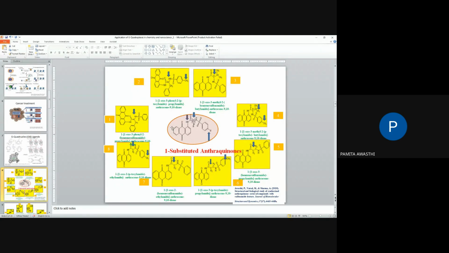The position on this ring, whether it is 1, 2, 3, 4, 5, 6, 7, 8, they play a vital role. So just by changing the position of the side arms, we have observed there is a drastic change in the bioactivity of the compound.